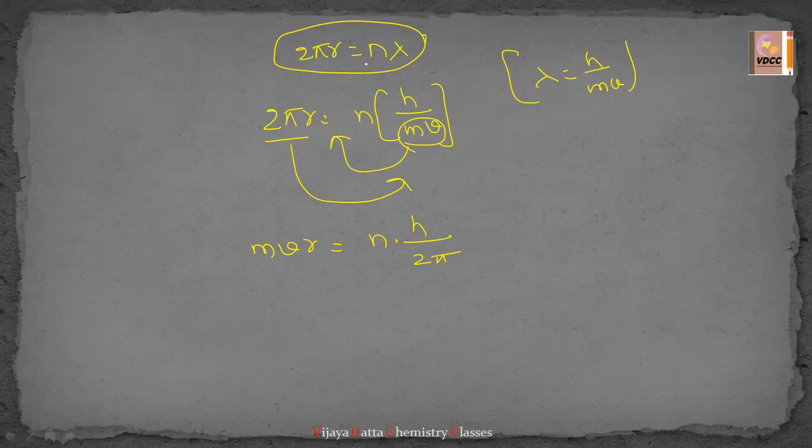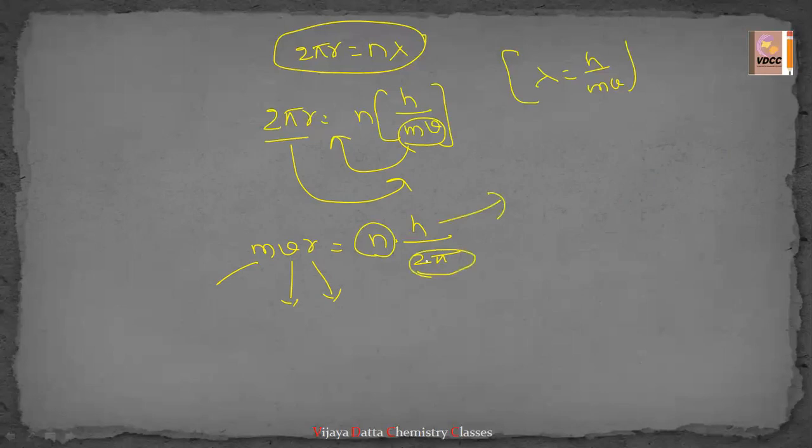Once again it is proved that matter has dual nature; both particle nature as well as wave nature were considered. Then we got the relation mvr equals nh by 2 pi, where m is the mass of the electron, v is the velocity of the electron, r is the radius of the orbit, n is the principal quantum number, h is Planck's constant, and 2 pi are constants.